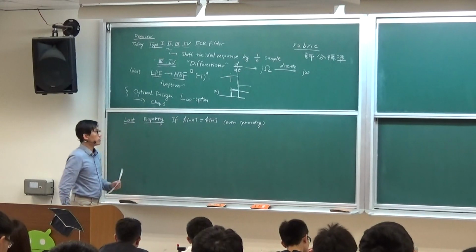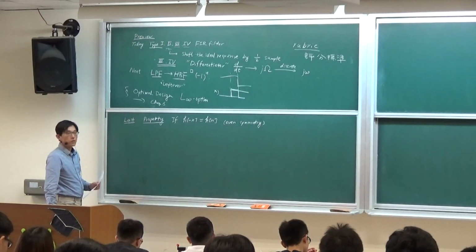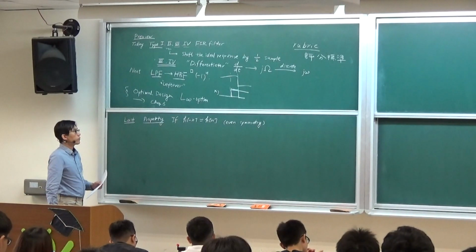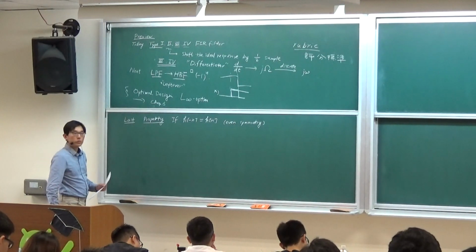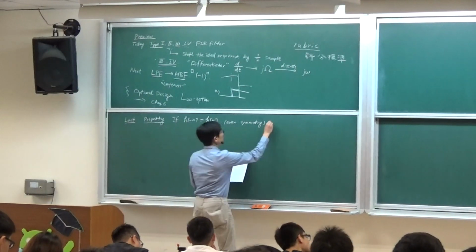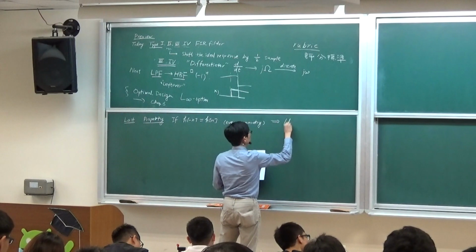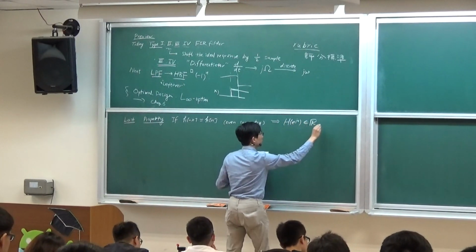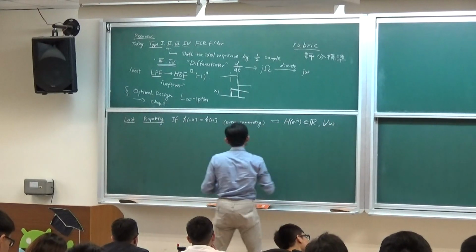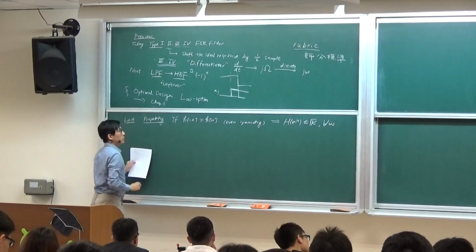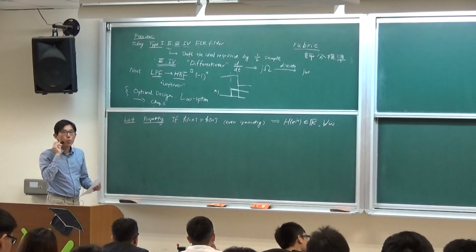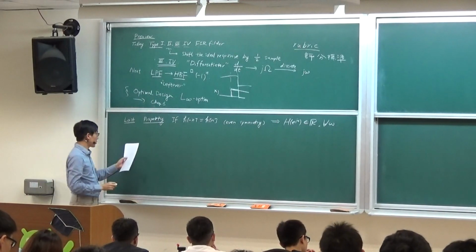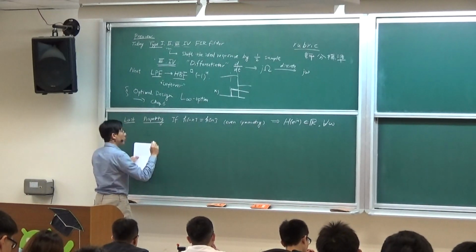If h of n has an even symmetry, then we know that its Fourier transform is going to be real. It's going to be real at every frequency. So this is the foundation of type 1 system, or type 1 responses, type 1 filters.